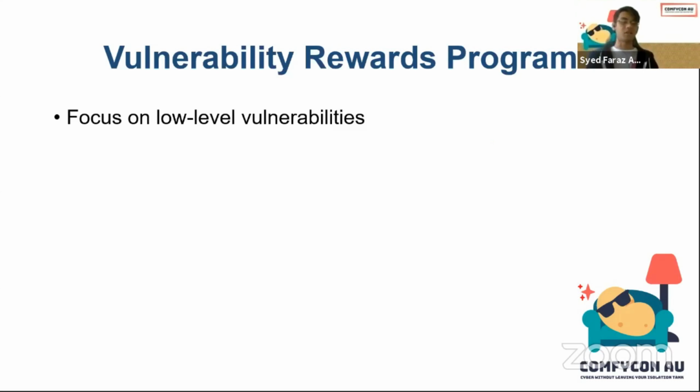And because of this, they mostly focus on low-level vulnerabilities. Low-level meaning vulnerabilities such as buffer overflows, integer overflows, use after frees, things of that nature, bugs you find in C and C++ programs. On the other side of things, because this type of software is very complex, they actually have their own sort of bug classes that you have to learn about when testing or trying to do vulnerability research for this type of software.